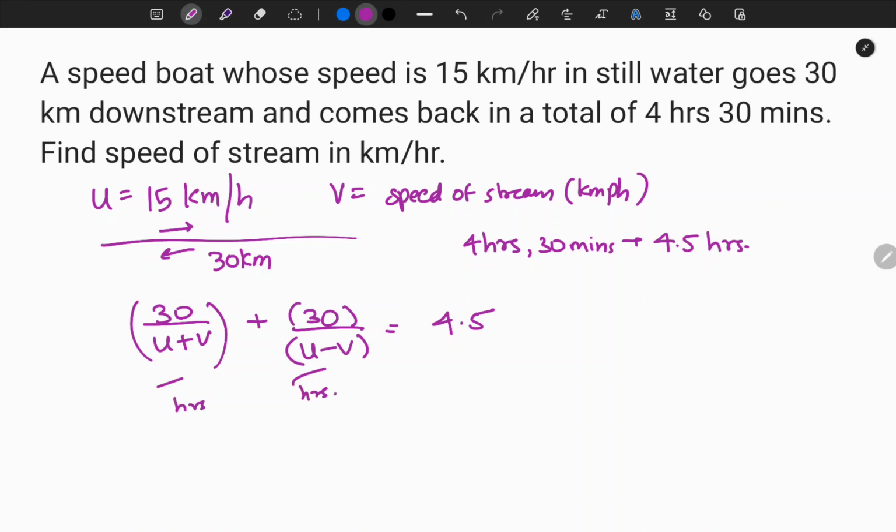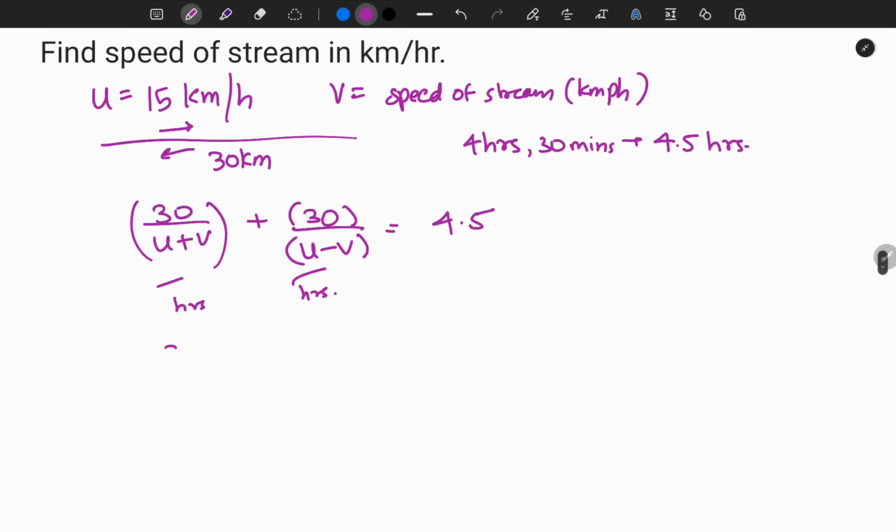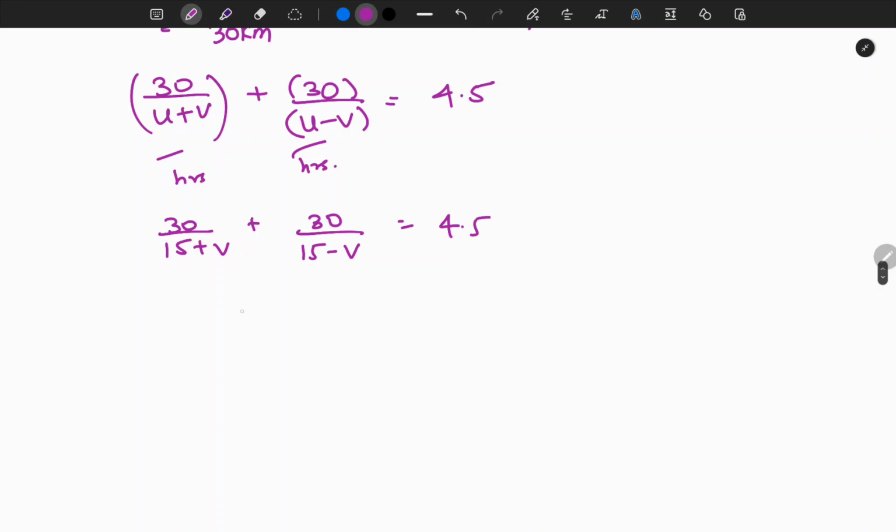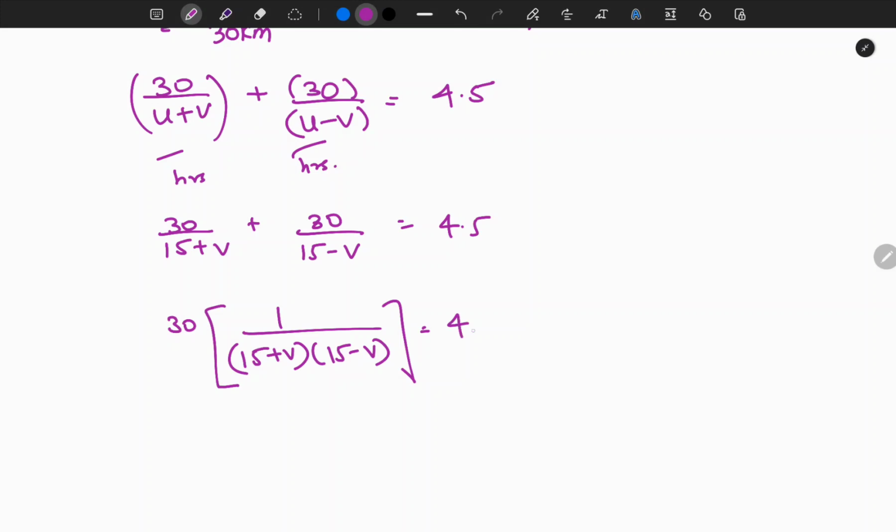Yeah, so we know that u is 15, so 30 upon 15 plus v plus 30 upon 15 minus v is 4.5. Now we can just do some simple calculation here. 30 upon 15 plus v, 15 minus v is 4.5.